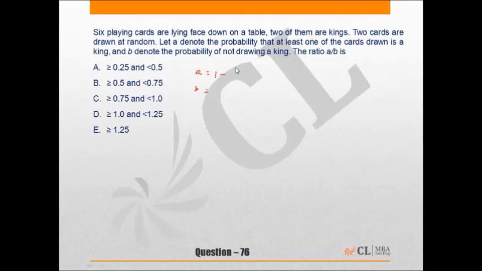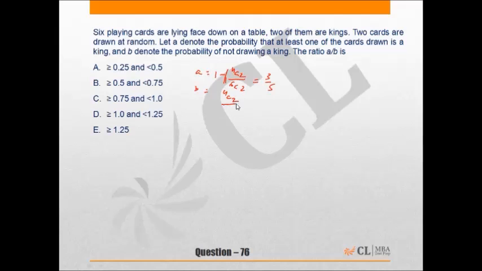So if the drawn cards are not of king, then there'll have to be cards out of the 4 that are not of king. So 4C2 upon the total number of ways in which two cards can be drawn, this is 6C2, and this is 3 by 5. And B is the probability of not drawing king that we have already computed as 4C2 upon 6C2.